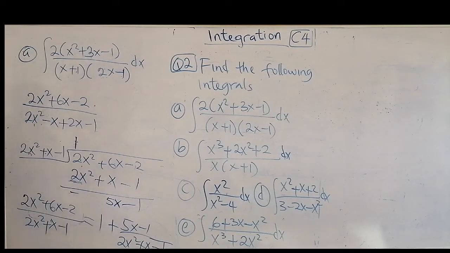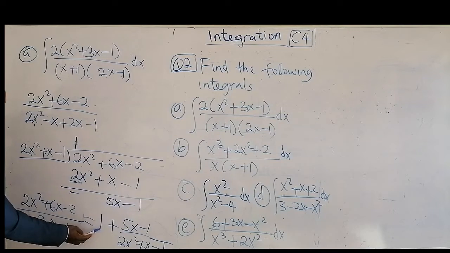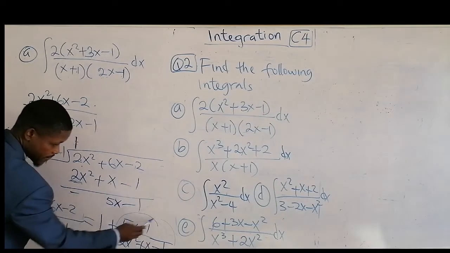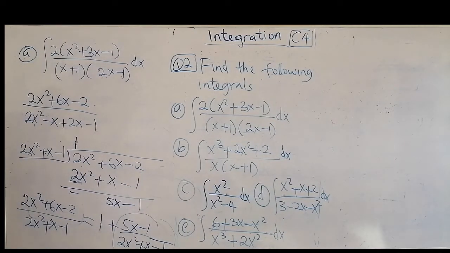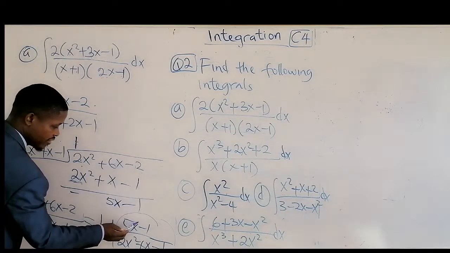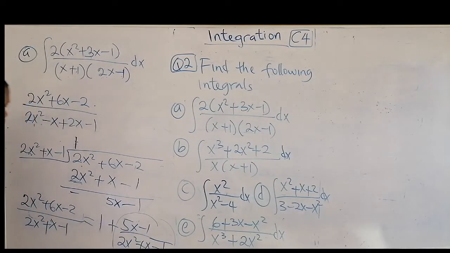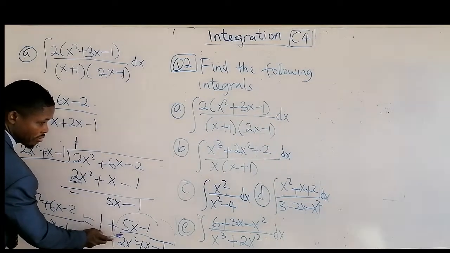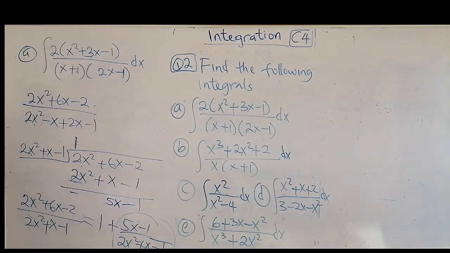The moment you do your long division, you're going to have a number, it could be a number, it could be a variable, plus a proper fraction, in the sense that the degree of the numerator is less than that of the denominator. Then you now continue and use your partial fraction for the proper fraction. Okay?